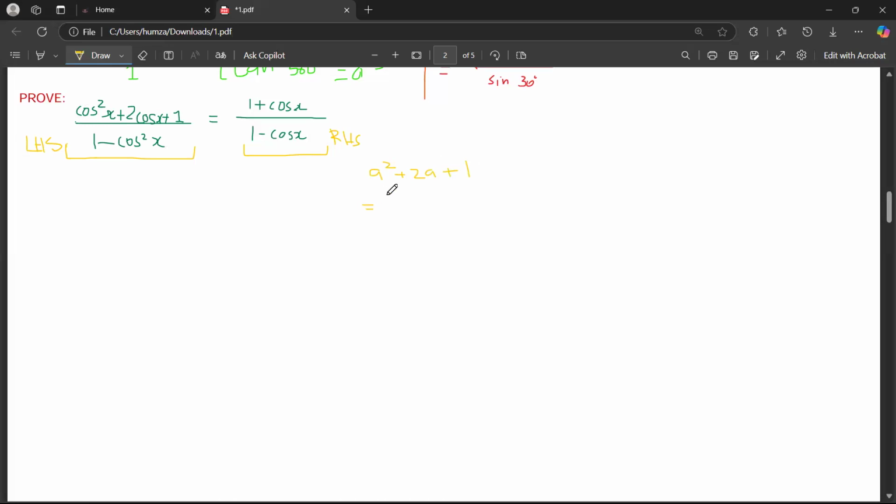Now we can factorize it by saying a plus 1 and a plus 1 will give you a squared plus 2a plus 1.